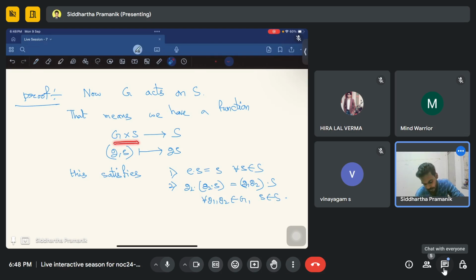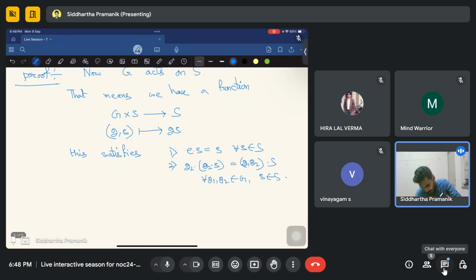So observe that this is a function of two variables. Means the domain is a Cartesian product, right? So if we fix the first coordinate, then it is a function of one variable. So for a fixed element g belonging to G, what is this map then?